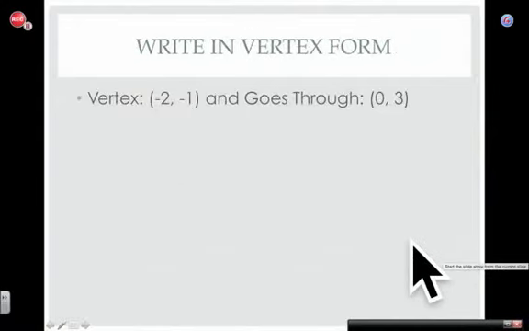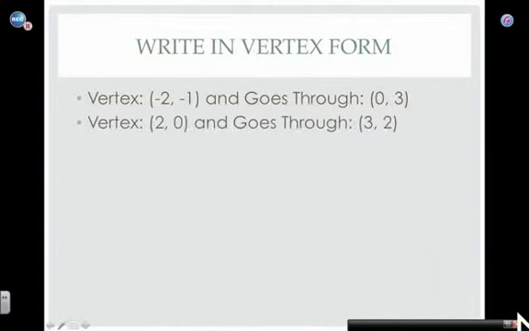So writing in vertex form, if I give you a vertex and I give you another point, we can kind of do the same thing. We can write functions in vertex form given a few different things. So I have, I think, 2 examples here.